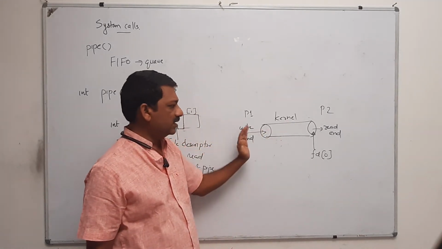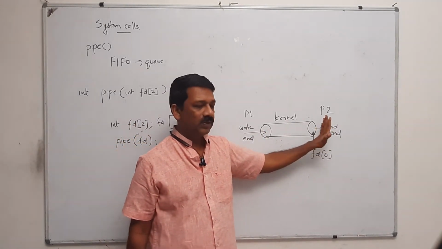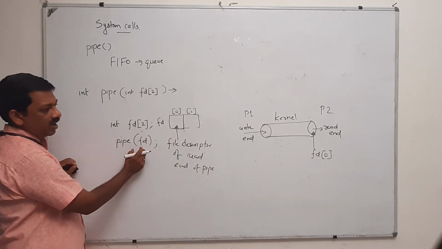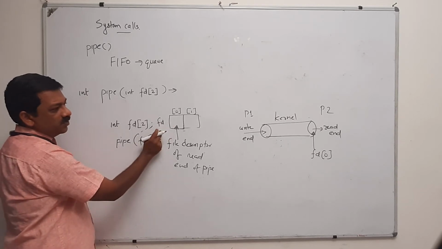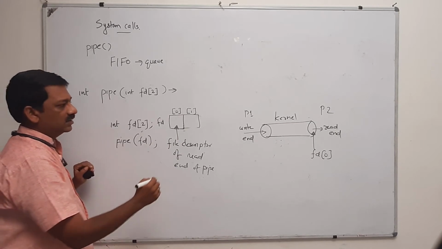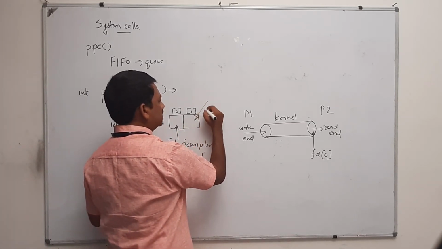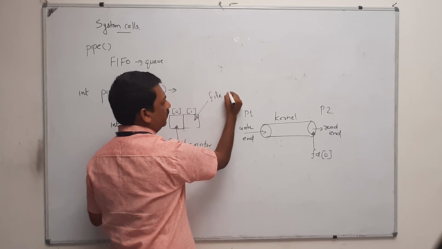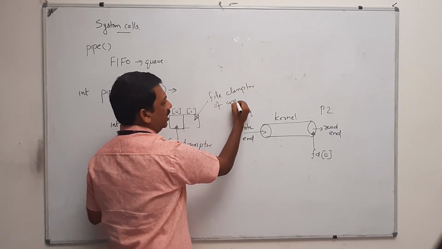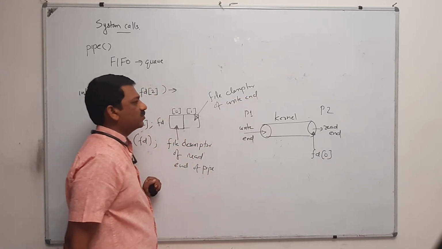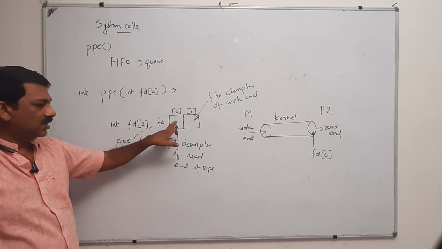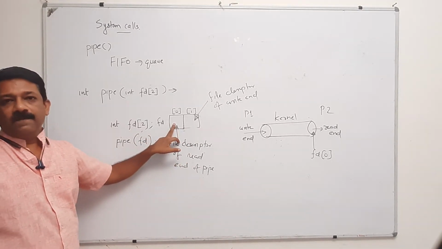Using the pipe system call, we have created a pipe, and fd[0] is pointing to the read end and fd[1] is pointing to the write end. This is fd[1], having the file descriptor of the write end, whereas the file descriptor of the reader is here. That is the pipe system call.